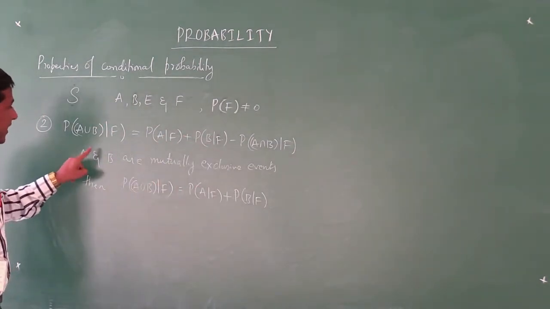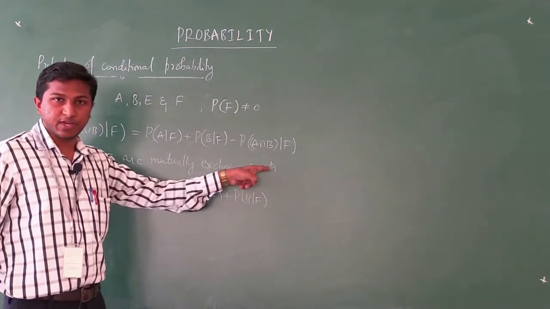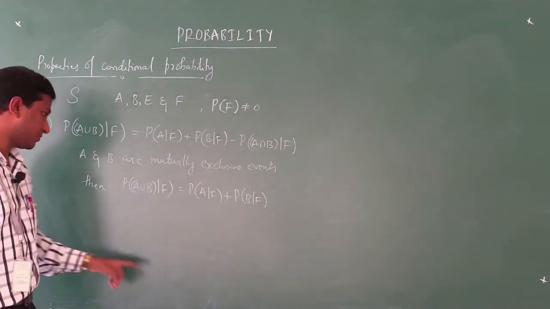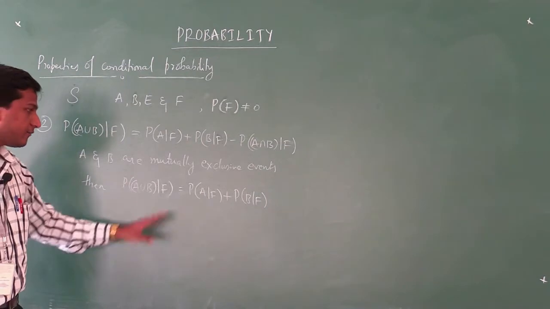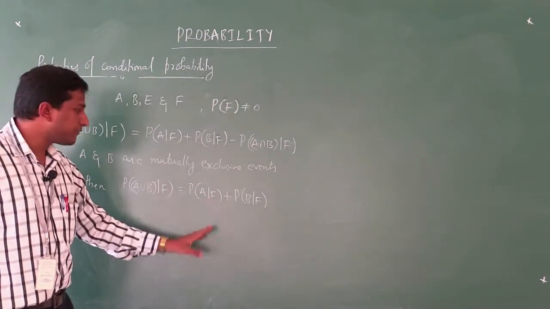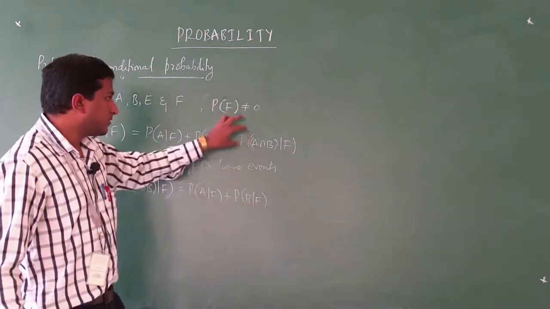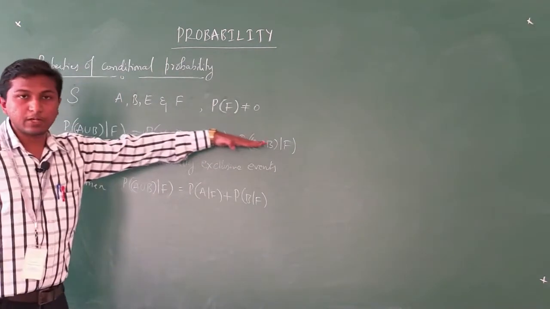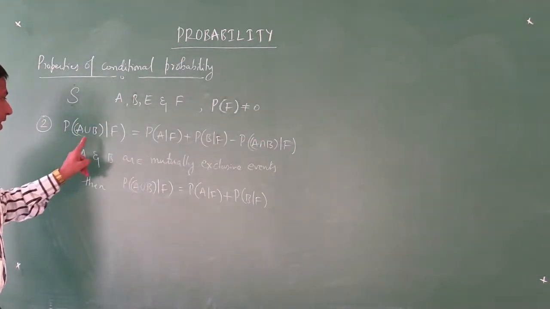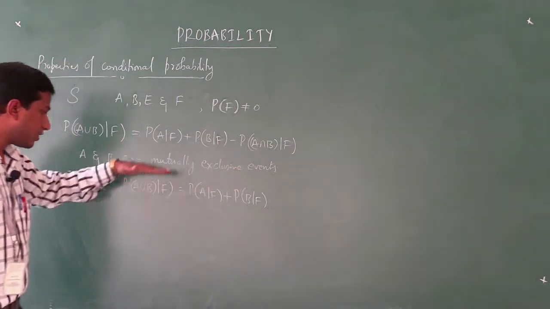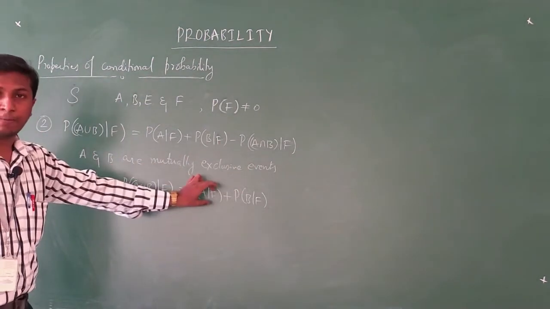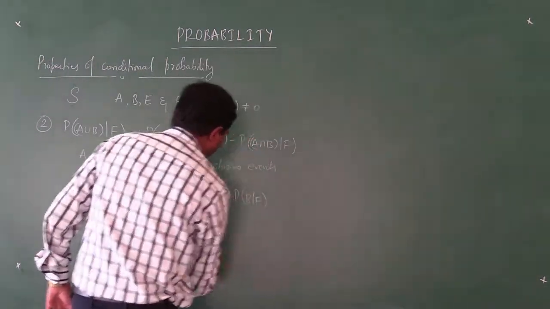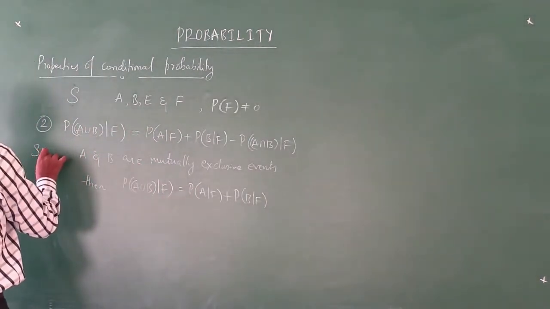Whenever A and B are mutually exclusive events, property number 2 reduces to this expression. We will first prove property number 2, and thereafter when A and B are mutually exclusive, we are going to derive this property from this property. So this is the special case.